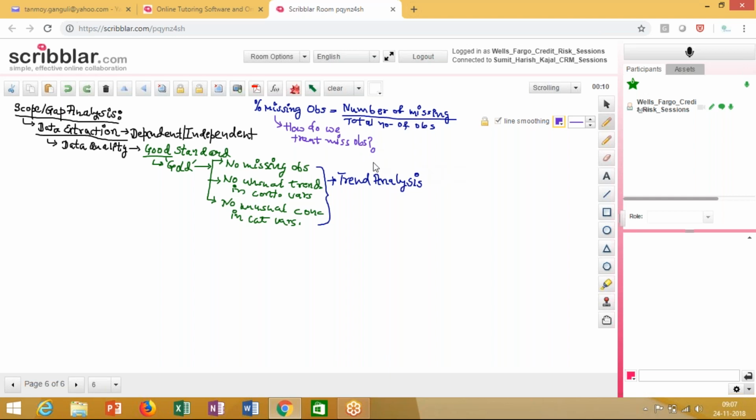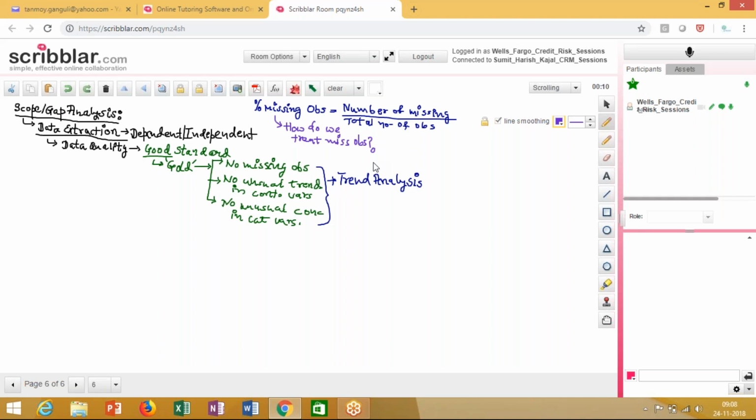Right. So now, before we talk about how to treat missing observations in a data, we need to understand how the missing observations originate.